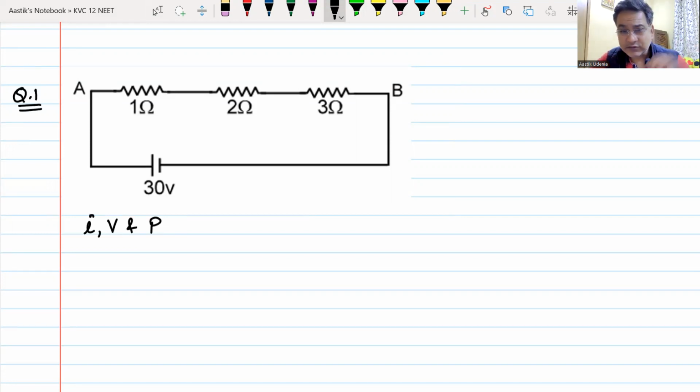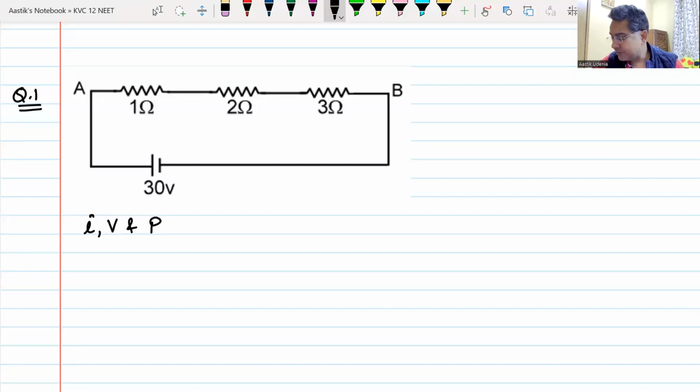Do we understand this? Current through each resistor, voltage across each resistor, power developed across each resistor. And once you understand this, things will become very simple. I'll give you 2 minutes to give me the answer. All the questions, all the parts.